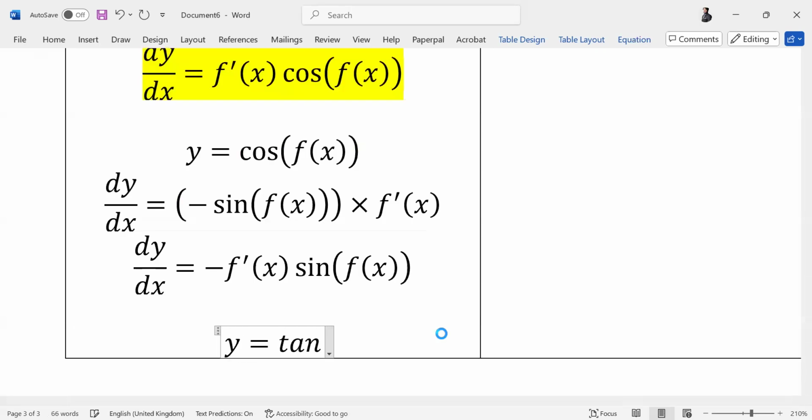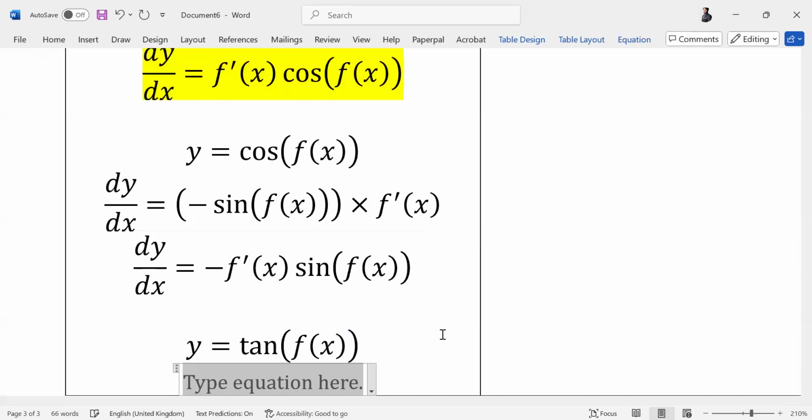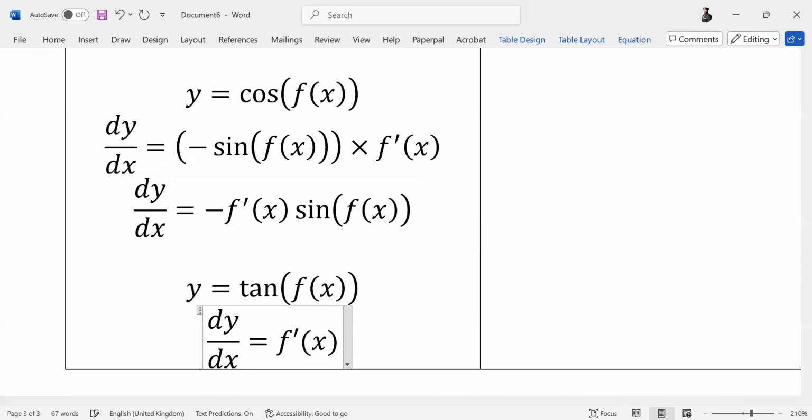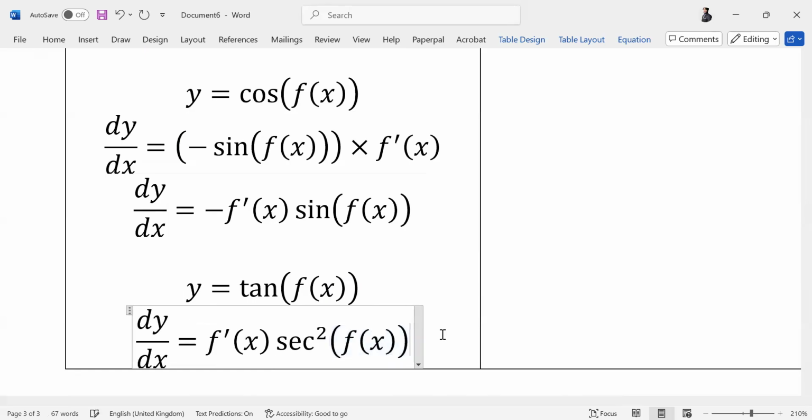In the paper, you will apply it directly, rather than applying the chain rule. You are right, that is why we are teaching this. That is what we are learning right now. Sec square of x, f dash x multiplied by sec square. So the angle does not change in trigonometric differentiation.